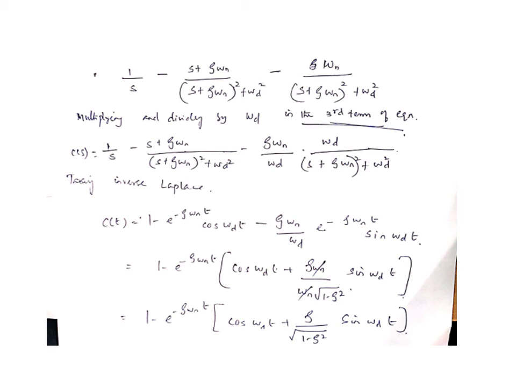And cos ωd t plus ζωn by ωd sin ωd t; we already know that ωd is nothing but ωn into square root of 1 minus zeta square. I am substituting, and in the third term ωn gets cancelled. So I am writing 1 minus e power minus ζωn t, bracket open, cos ωd t plus ζ by square root of 1 minus zeta square into sin ωd t.